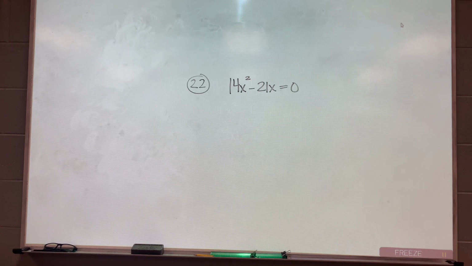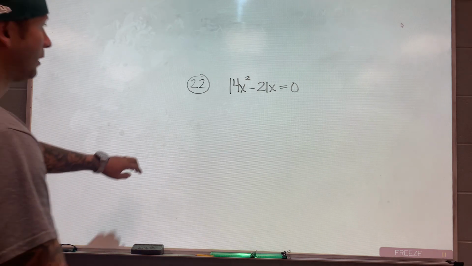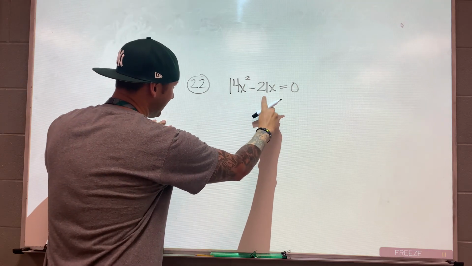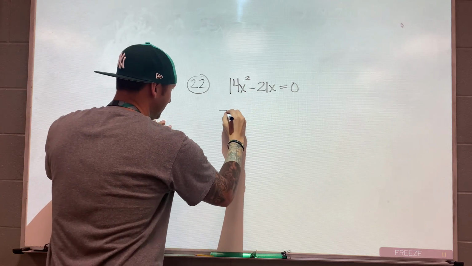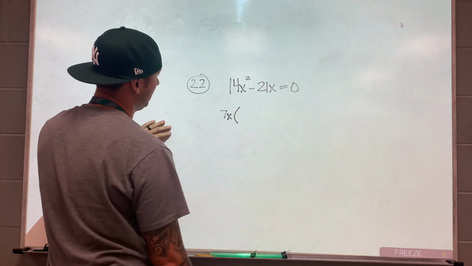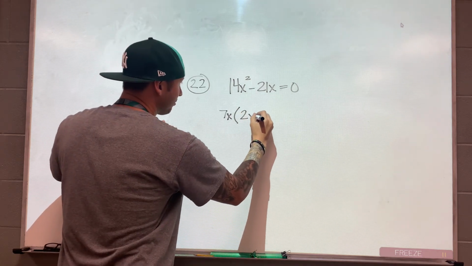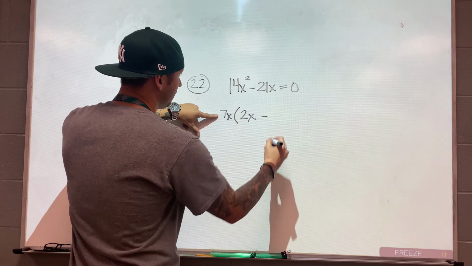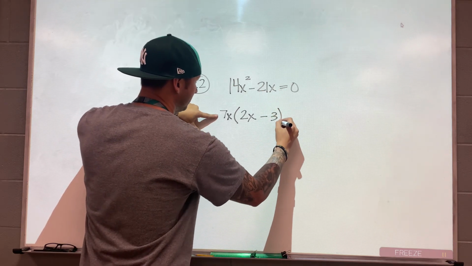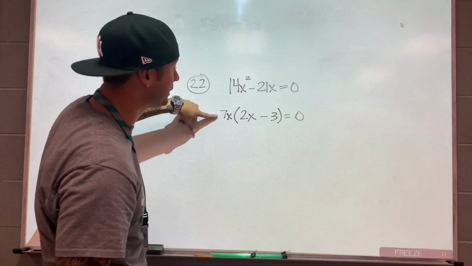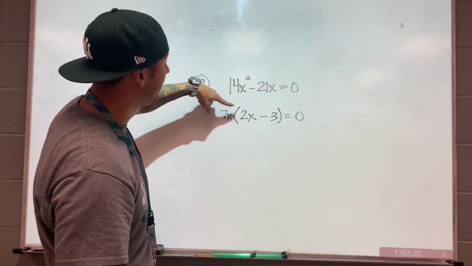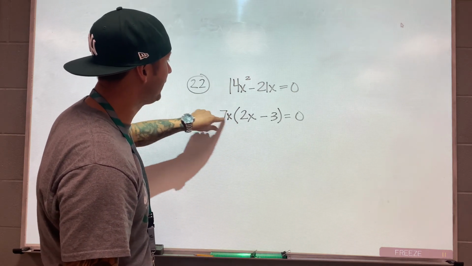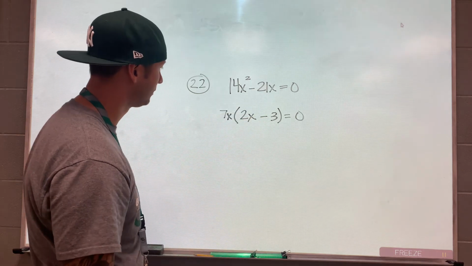Greatest common factor. So number-wise, I can pull out a 7. Variable-wise, I can pull out an x. So each of those is divisible by 7, there's an x in both. So 7x. So 2x would be left over if I divide that out. And then 3. So quick dummy check, put it back in. This times this gives me that. 7x times -3 gives me that. So we're good.